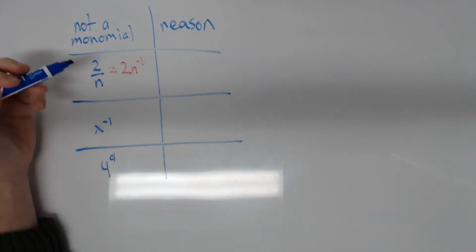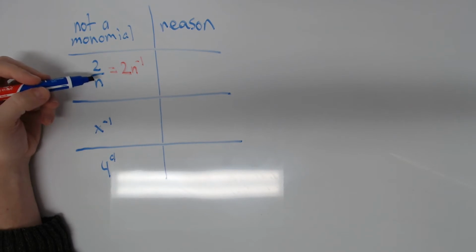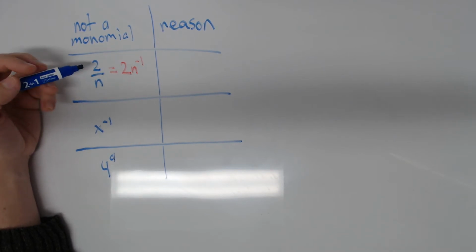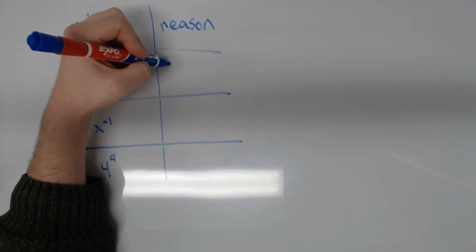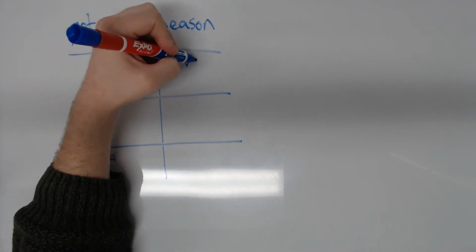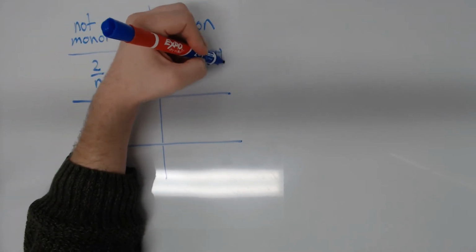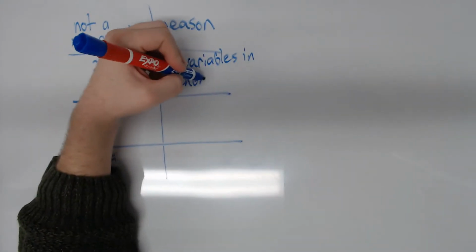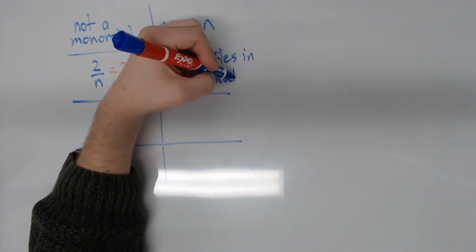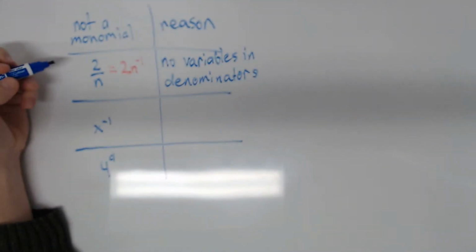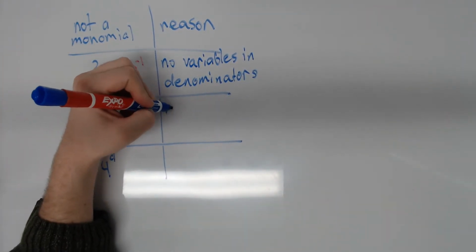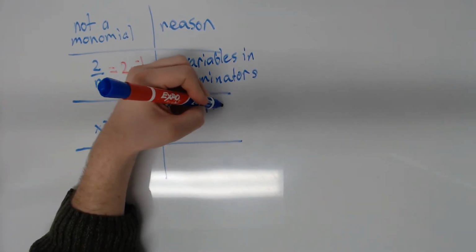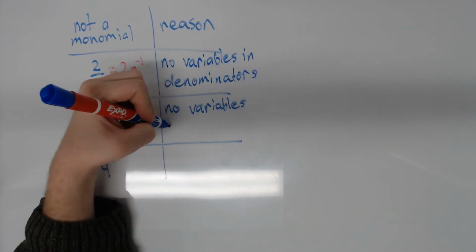So these first two both have the same reason. I'm going to give a slightly different wording, but I'm going to say no variables in denominators. Which is similar to saying no variables with negative powers.